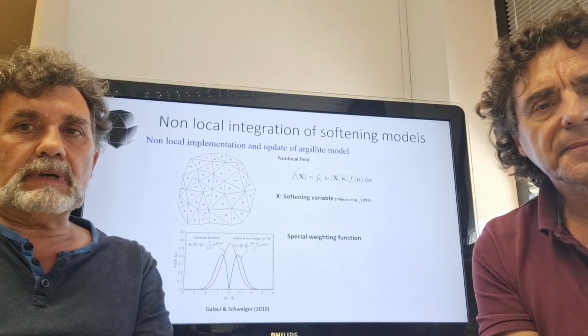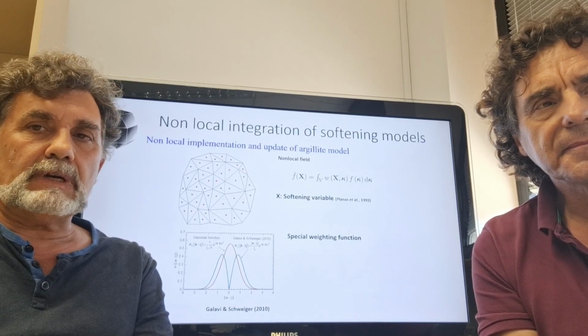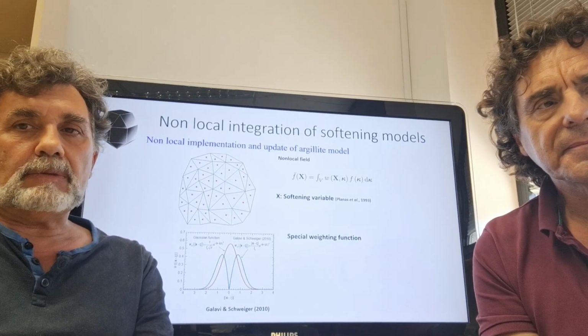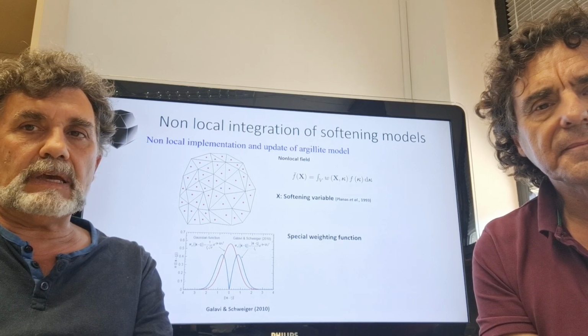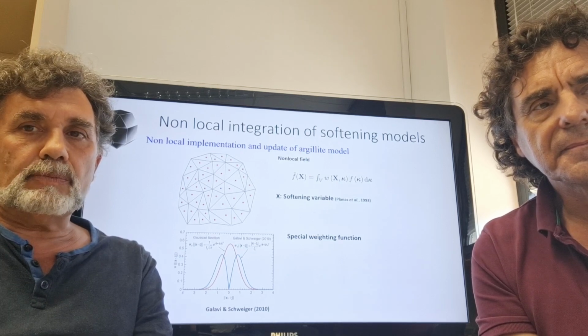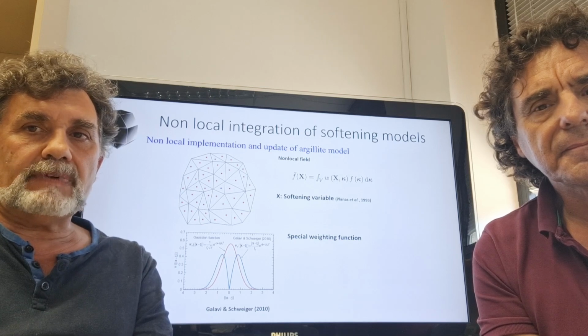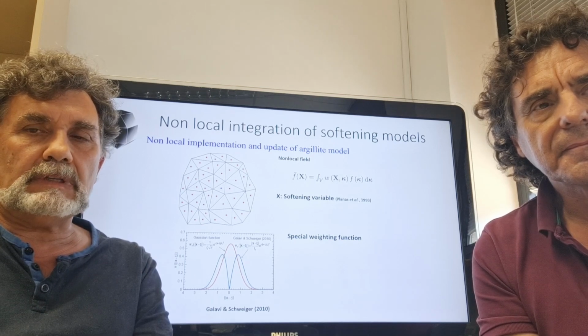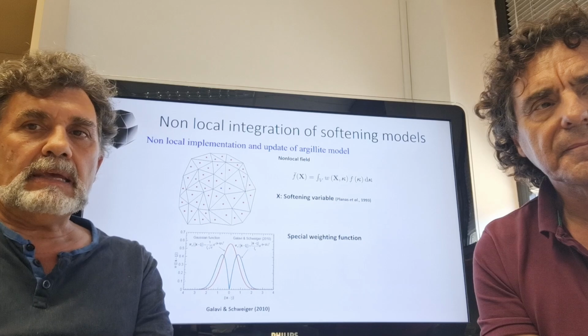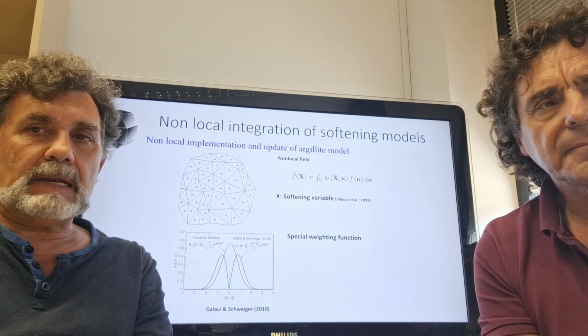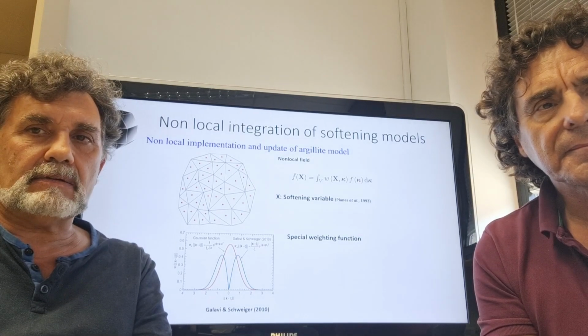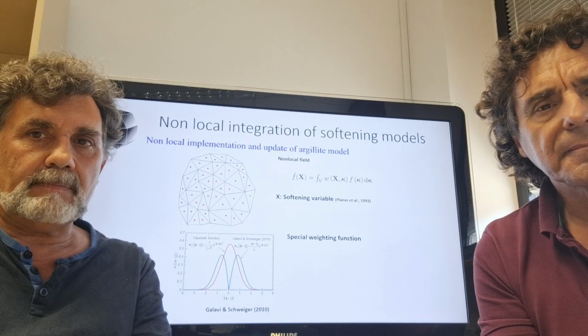The procedure is based on the non-local integration technique. That means that the value of the history variable, which is considered at the point where the stress integration is carried out, is an average value of a zone around that point, and the size of the zone is a material length scale parameter that regularizes the strain localization problem.